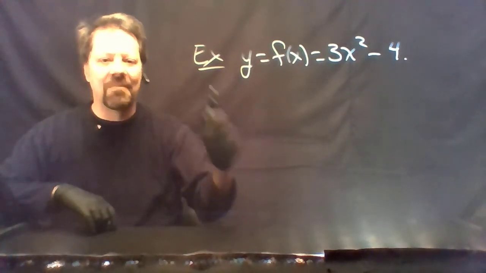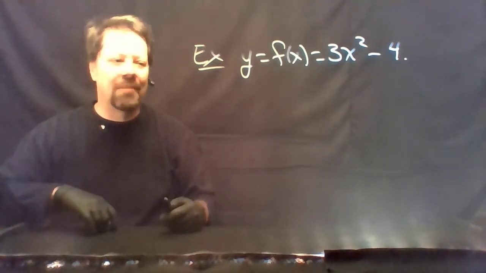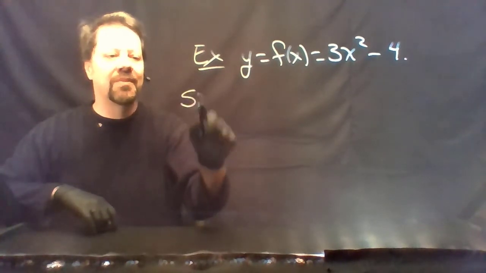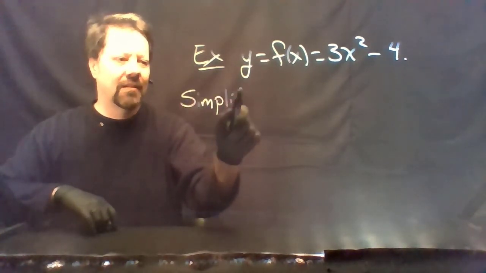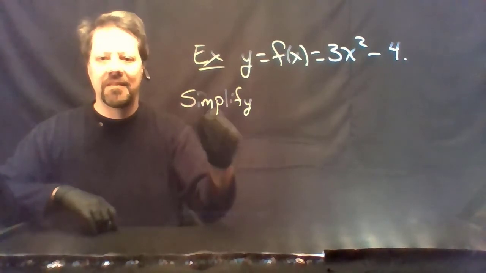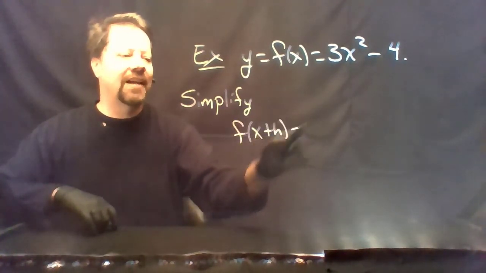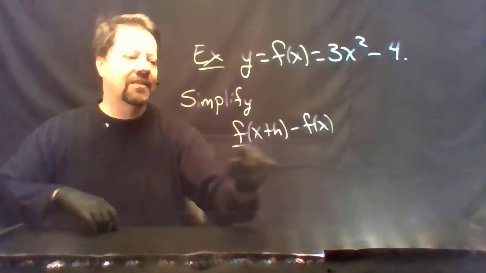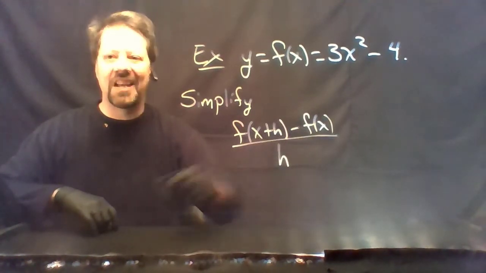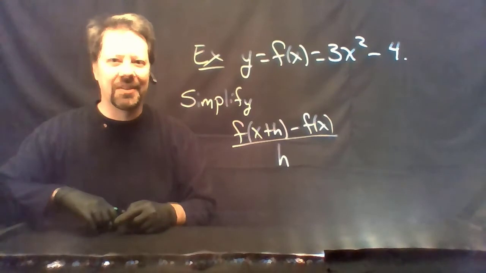A typical exam type problem for exam 1 would be to simplify f of x plus h minus f of x, divided by h. You need to know how to do this.